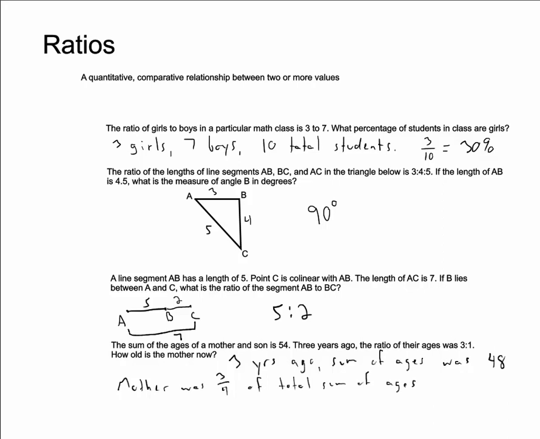So that means 3 years ago, she was 36, because 3/4 of 48 is 36. The question asks, how old is the mother now? So if we add that up, we add the 3 to that 36, the mother is going to be 39.